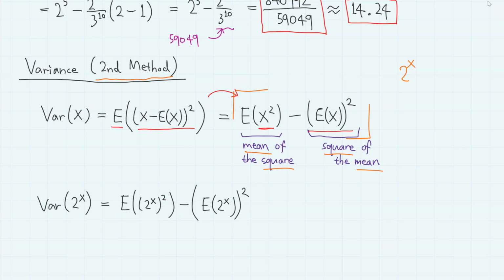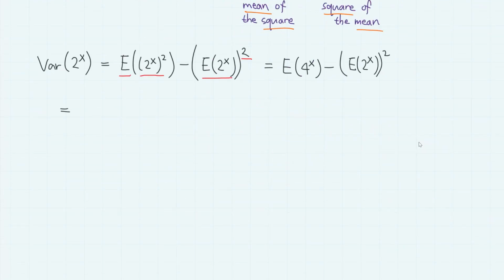So the variance of 2 to the power of x must be equal to the expected value of the square of 2 to the power of x minus the square of the expected value of 2 to the power of x. Here, the first part is the expected value of 4 to the power of x, so we have this minus 2 to the power of x squared.